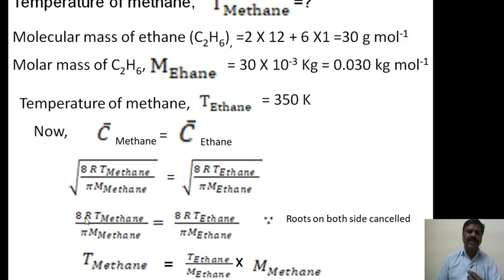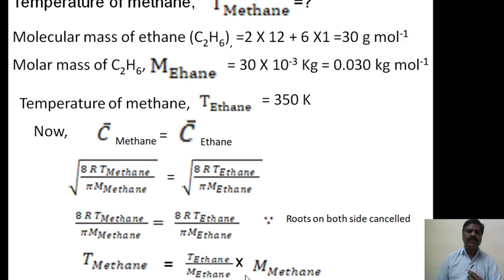Therefore, we get 8RT methane divided by pi M methane equal to 8RT ethane divided by pi M ethane. The 8R and 8R get cancelled, and pi gets cancelled. Therefore, T methane is equal to T ethane divided by M ethane into M methane.